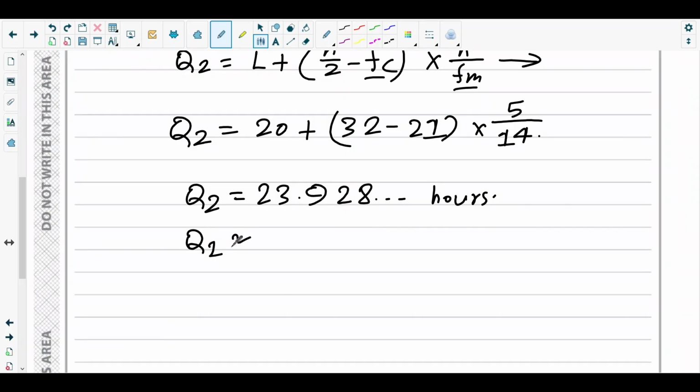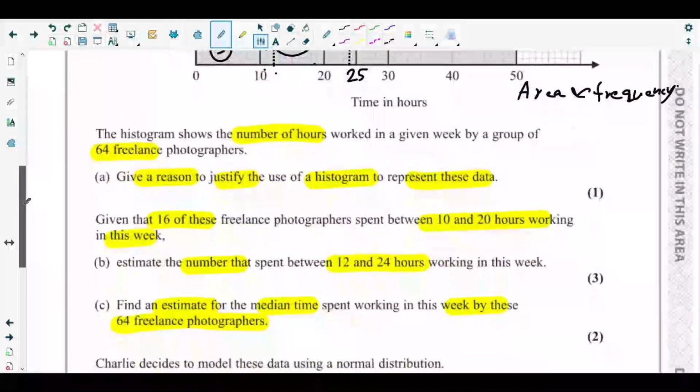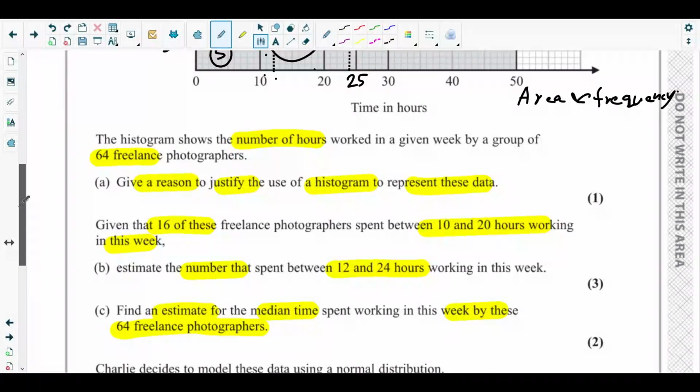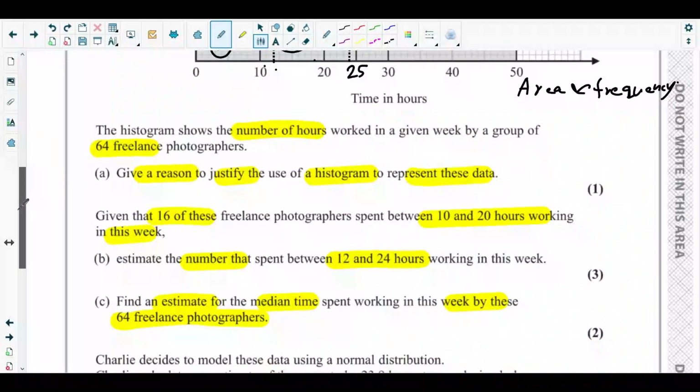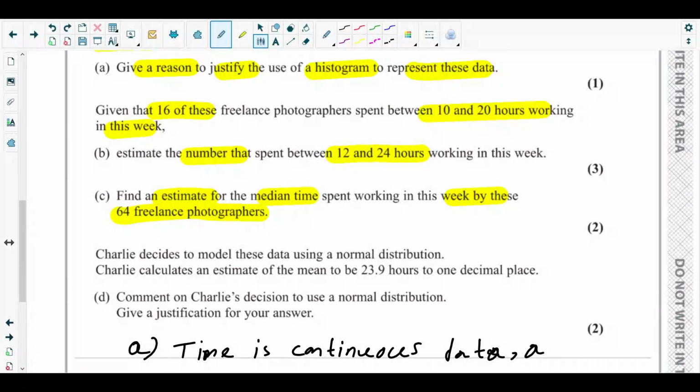So Q2 can be rounded to 23.9 hours, that is to 3 significant figures. So that's the median time spent in the work by the 64 freelance photographers. Fine.